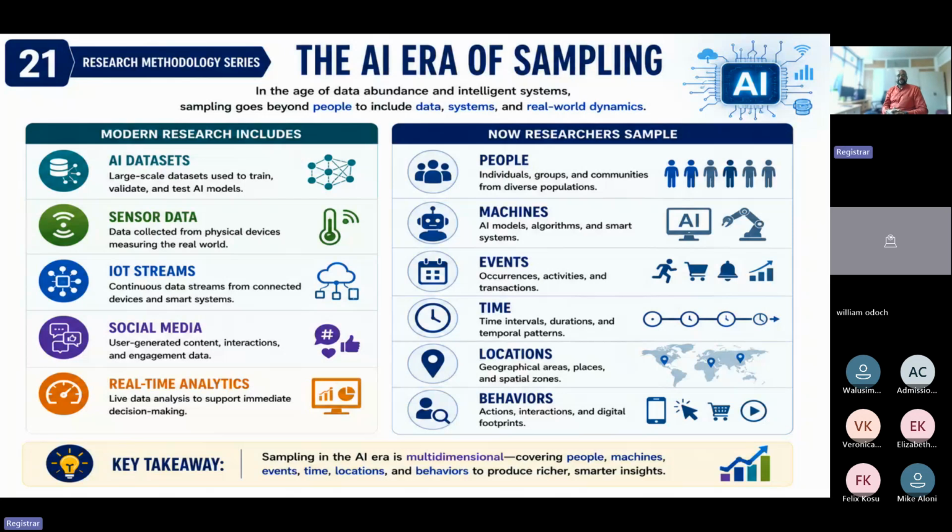In the new era of research, like when you do social science, get data from machines. We can get data from events. We can get data from different time zones, timelines, and different locations. Even through digital interactions, we can collect the behavior of people.